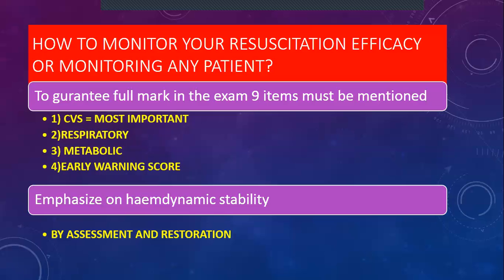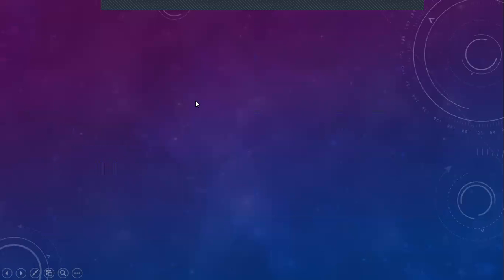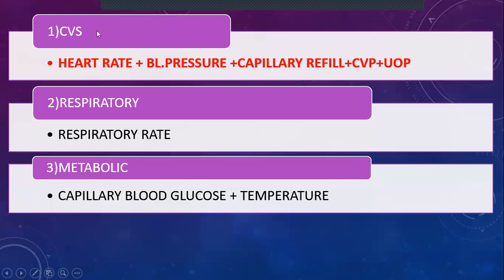I will assess the hemodynamic stability and try to restore it to normal parameters. Next, in more details, I can say that, look, this is 1, 2, 3, and last one is 4.